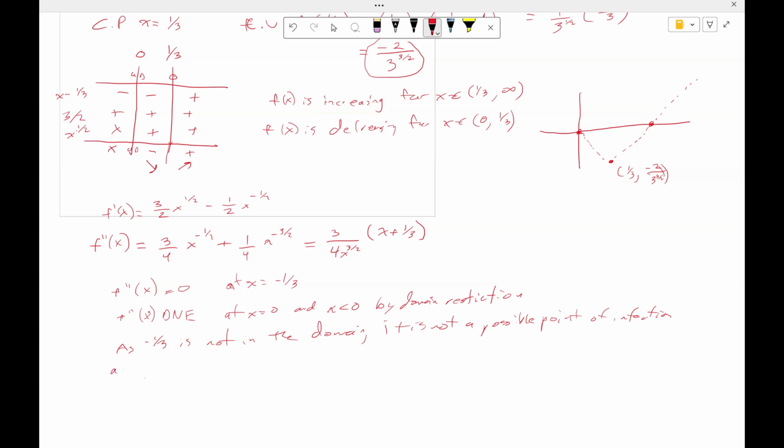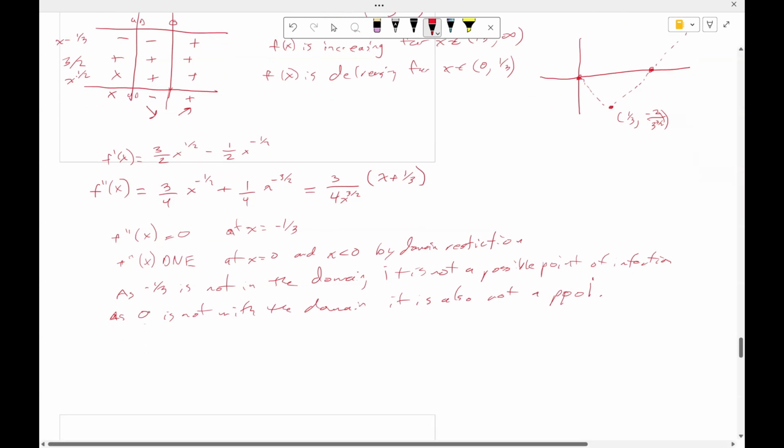And as 0 is not within the domain, it is also not a possible point of inflection. But I'm still going to create a sign chart to see what the inflection is.